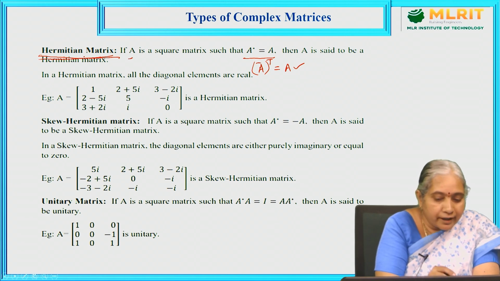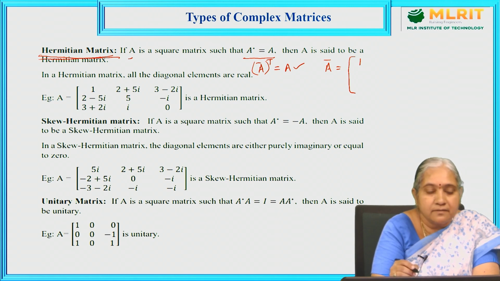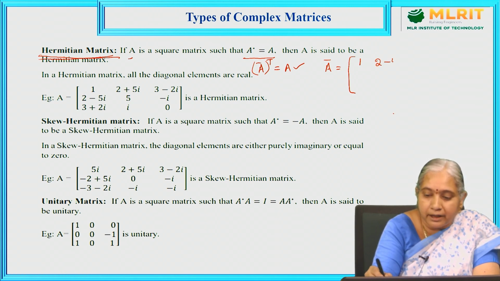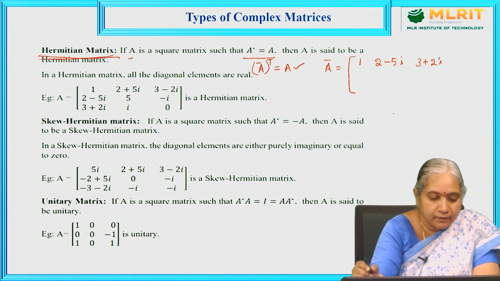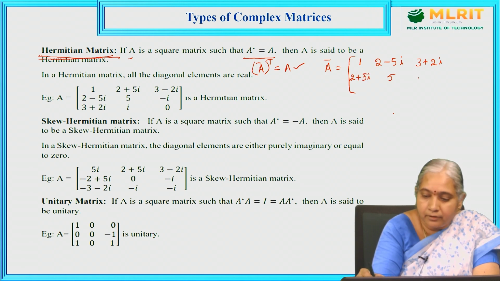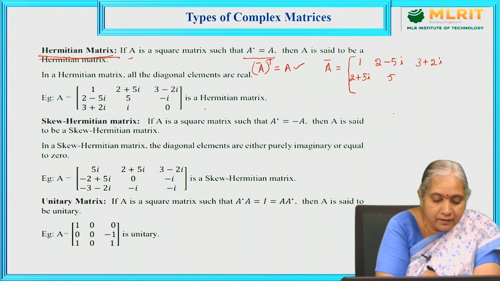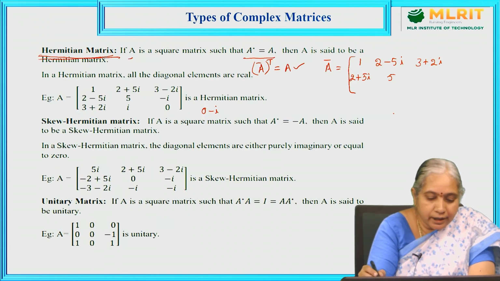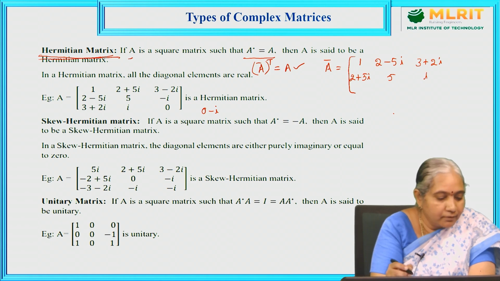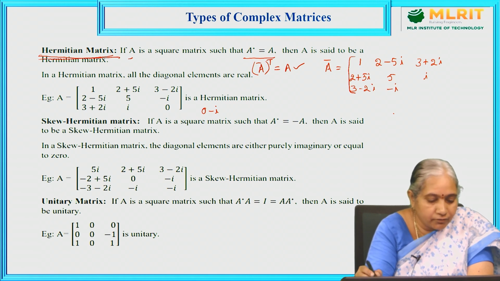First we find the conjugate of the given matrix, that is A conjugate. 1 is a real number, so the conjugate of a real number is itself. 2 plus 5i, conjugate is 2 minus 5i. 3 minus 2i, conjugate is 3 plus 2i. 2 minus 5i is also a complex number, so the conjugate is 2 plus 5i. 5 minus i is a complex number, where the real part is 0, so minus i is also written as 0 minus i, and the conjugate of 0 minus i is i. 3 plus 2i, conjugate is 3 minus 2i. i, conjugate is minus i. 0.